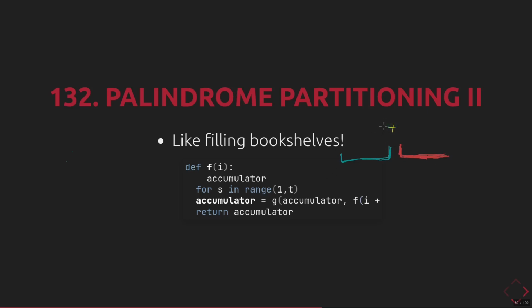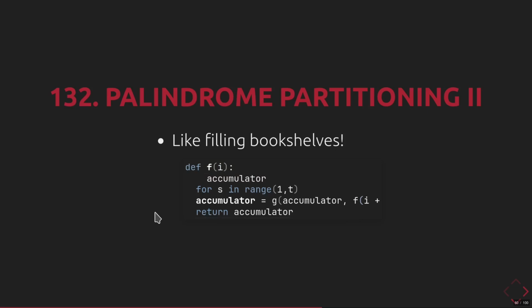Somehow using our G right there, into finding the minimum cuts, right? So this would actually be a min operation, right? Min over the amount of cuts that we already have for the current partition, and the minimum amount of cuts for over here.